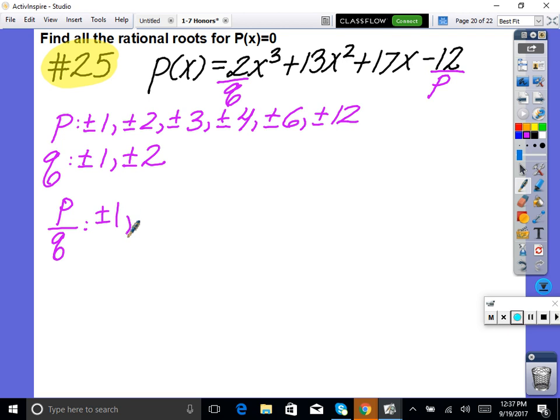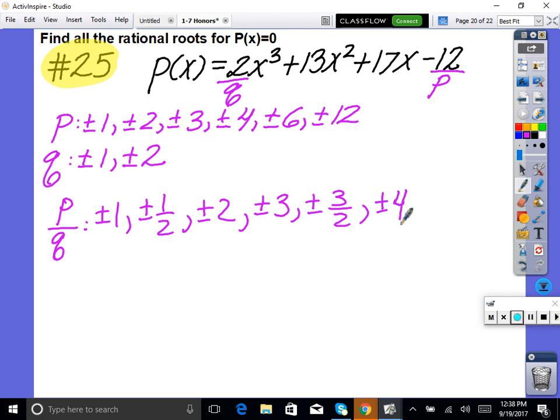All possible P over Qs. 1, 1/2. 2. 2 over 2 is 1. We've already listed it. 3. 3 over 2. 4. 4 over 2 is 2. So we've already listed that one. 6. 6 over 2 is 3. We've already listed 3. 12, and then 12 over 2 is 6, and we've already listed that. So these are the possible rational roots.